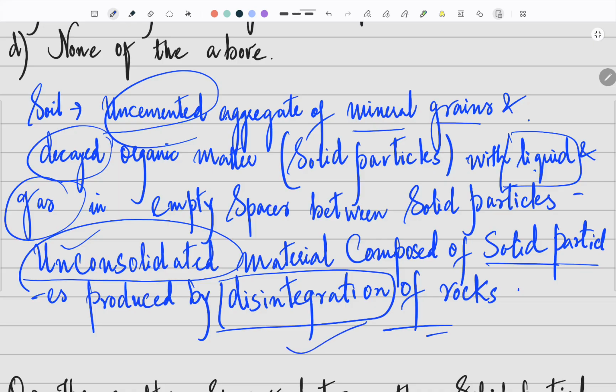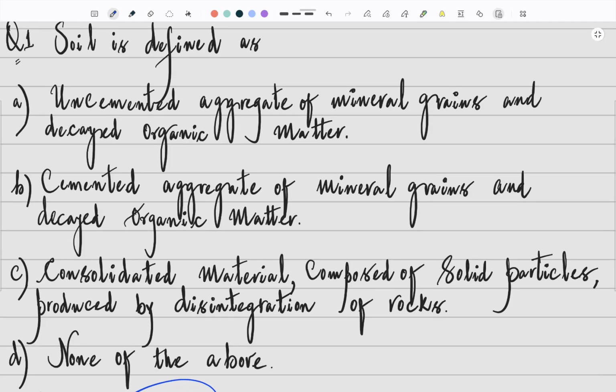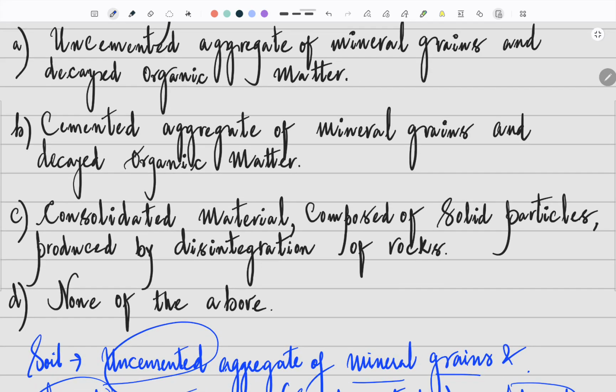Now let's get back to the question and see which answer is feasible. Soil is defined as uncemented aggregate of mineral grains and decayed organic matter. True. Cemented aggregate of mineral grains and decayed organic matter? No, soil is rather the uncemented aggregate. Consolidated material composed of solid particles produced by disintegration of rocks?